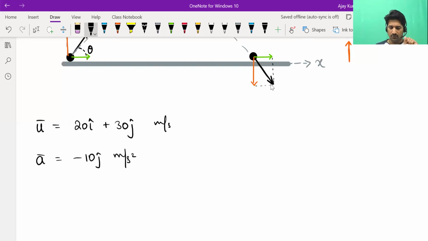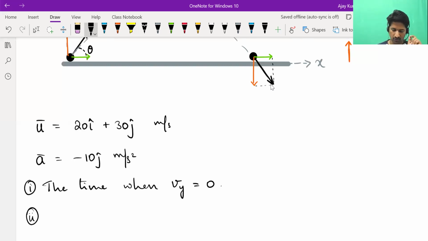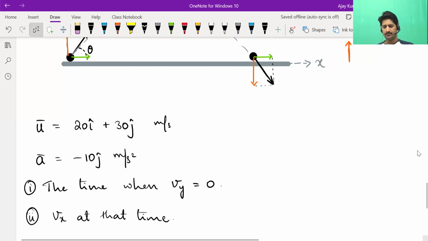Now what I want you all to find out is, first, the time when velocity's y component becomes zero. And then what else I want you to find out is the velocity's x component at that time. Okay, try this, all of you.